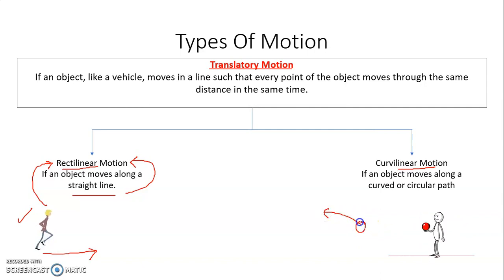The path of the ball is a curved path. Whenever the object moves along a curved or circular path, we define such motion as curvilinear motion. I hope it is clear. So translatory motion is of two types, rectilinear motion and curvilinear motion.